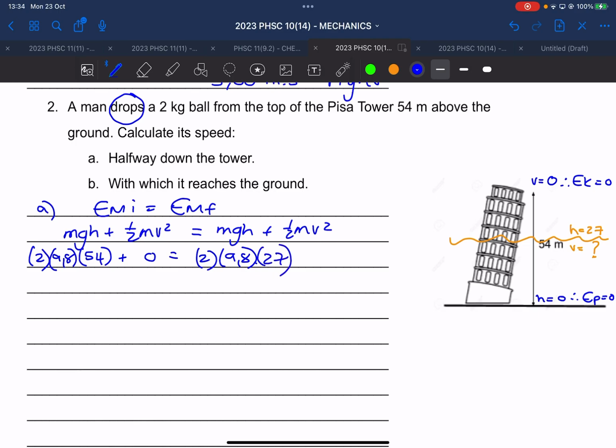So not all the way through, just halfway down. Because I'm comparing at the top with halfway down. So this initial here is at the top. And this is halfway.